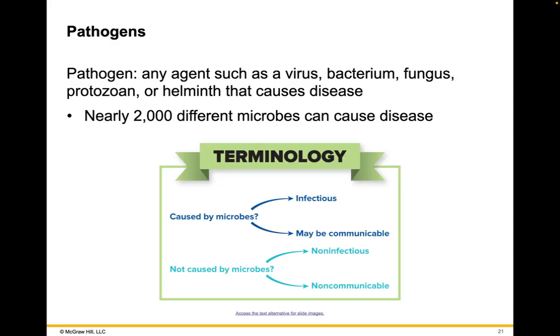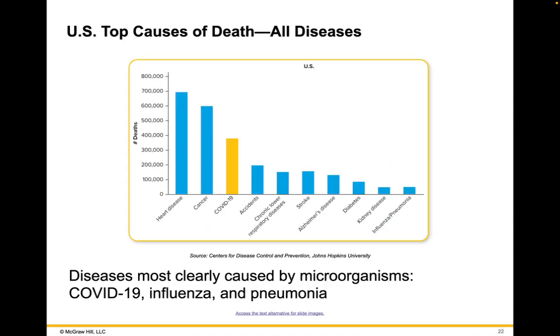So if it's not caused by microbes, it is often non-infectious or non-communicable. But if it is caused by microbes, it may be passed on, communicable, and infectious. So of the U.S. top causes of death of all disease, we see heart disease is number one, and cancer is number two in the United States.